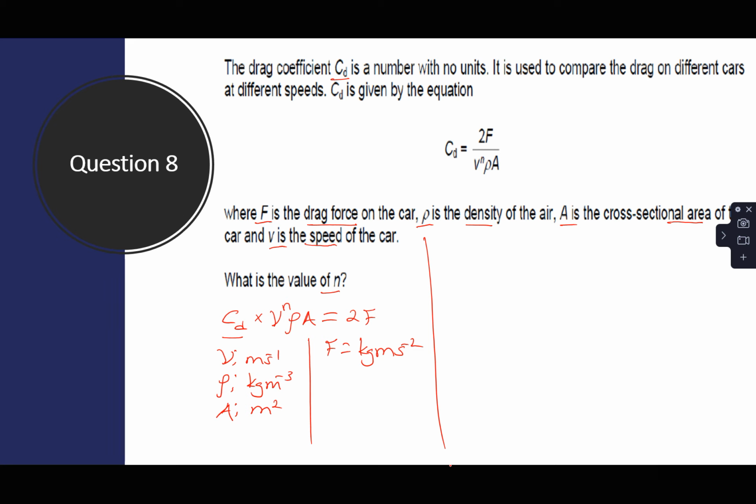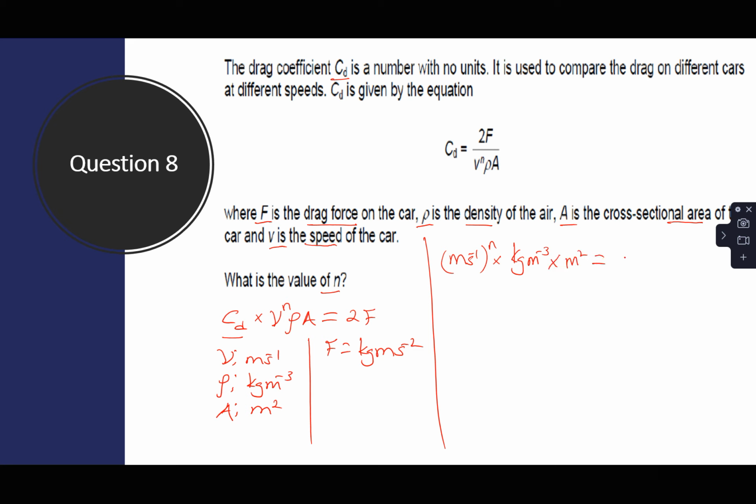If I try to equate the base units now, remember CD has no units, so I will not mind about it. I'll begin with V, which is meters per second, but this is raised to power N. Then times density, kilogram per meter cubed. Then times cross-sectional area, which is meters squared.